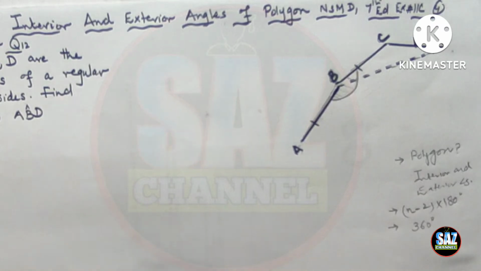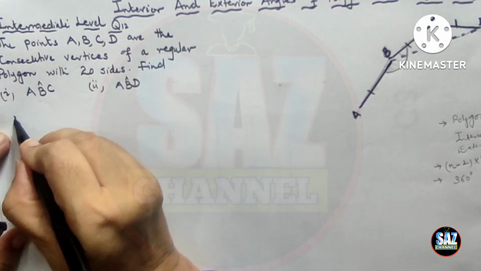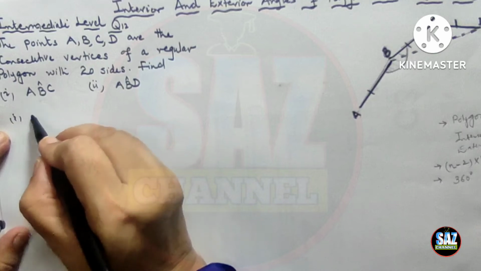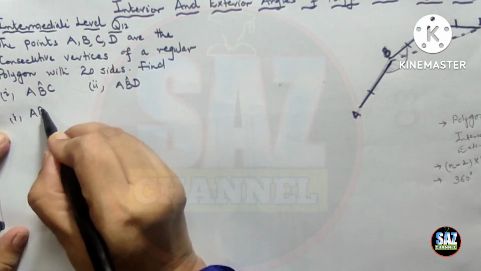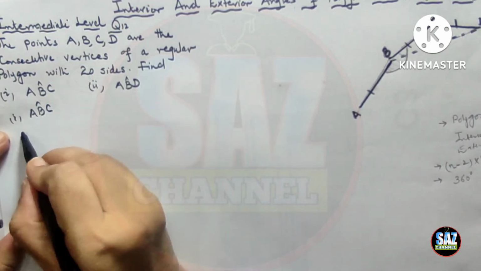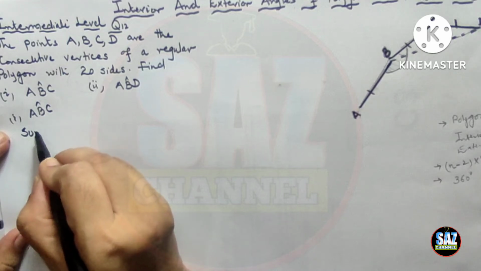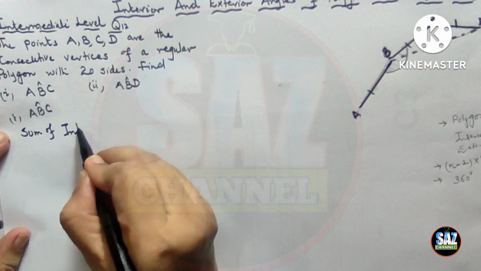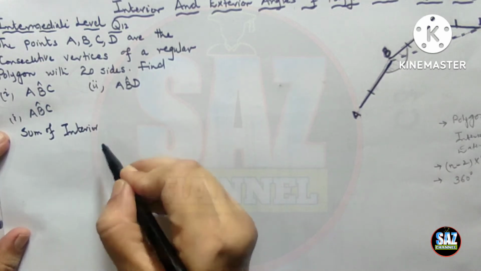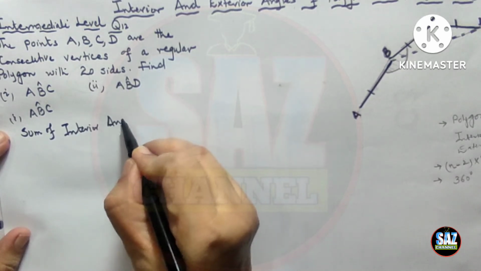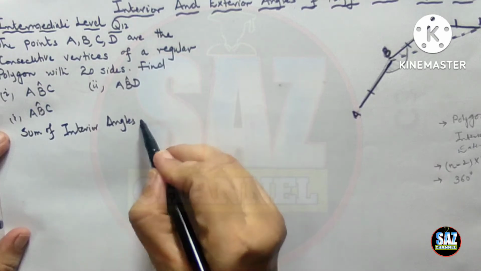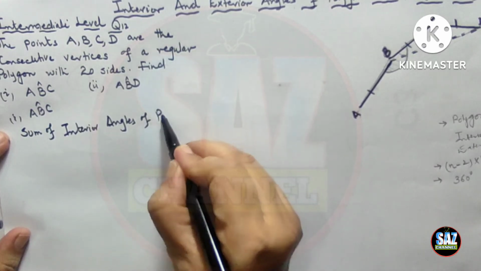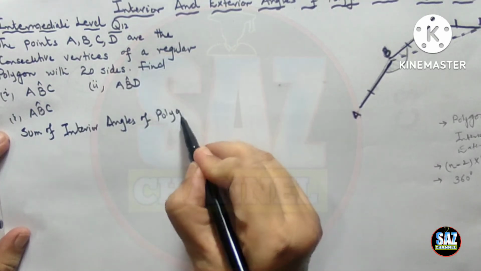So, recall the formula. We have to find ABC, so the sum of interior angles of a polygon with how many sides?